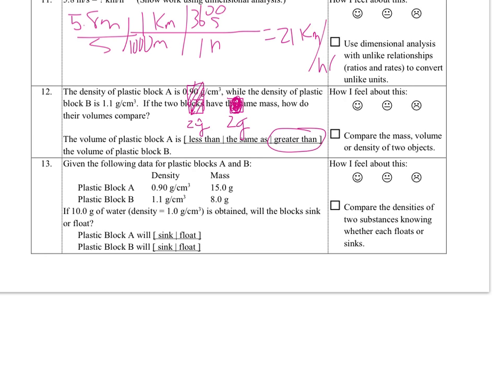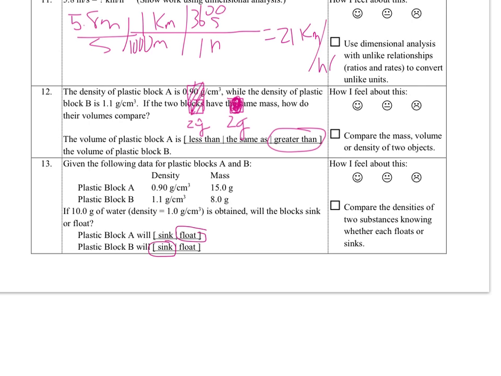Masses are not going to matter because the density is all that's going to matter here. The density of water is 1, so that means that block B is going to sink because it is greater than, and block A is going to float.